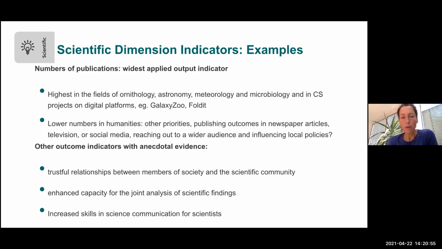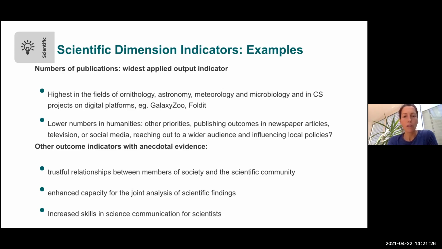We find lower numbers of scientific publications still in the humanities, but this might also be due to the fact that projects that work in the humanities have maybe other priorities than just doing scientific publications. They might rather publish their outcomes in a newspaper or on television or other social media to have a wider audience and to influence what's happening locally.